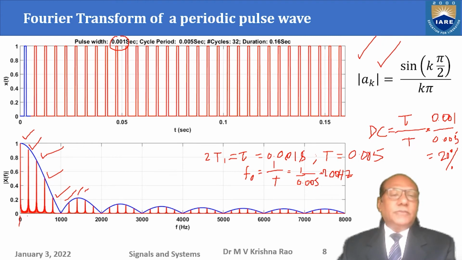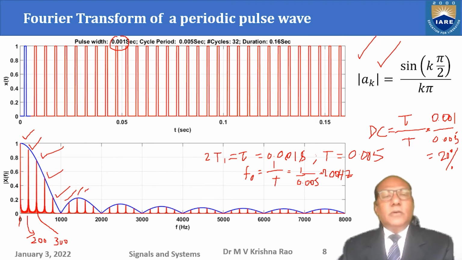So this is 200 Hz, this is 300 Hz, sorry, the second harmonic is 400.